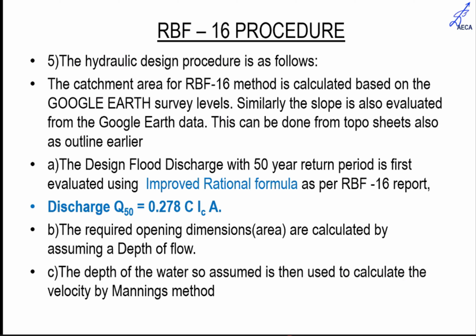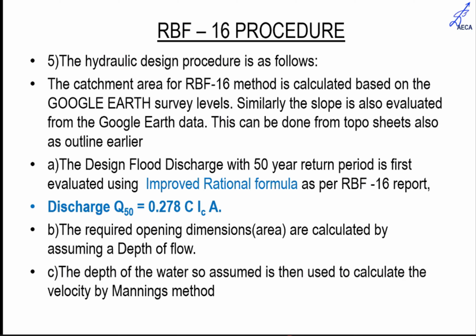Now, we'll discuss the RBF 16 procedure in brief. The RBF 16 procedure basically gives the equation for the design discharge as 0.278 CIA. Now, most of the formulas are basically with these three terms only. One is the runoff coefficient, the other is the intensity of the rainfall, and the third is the catchment area.